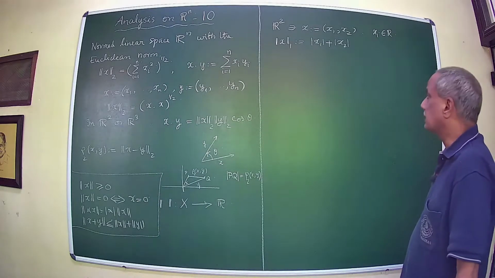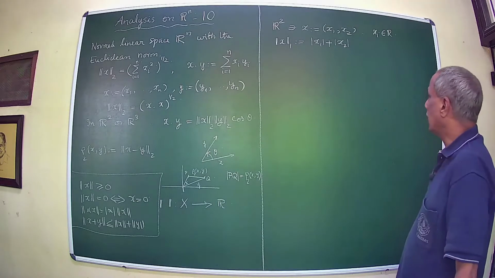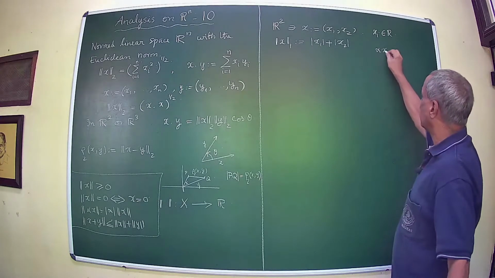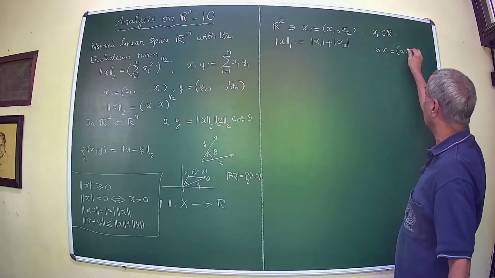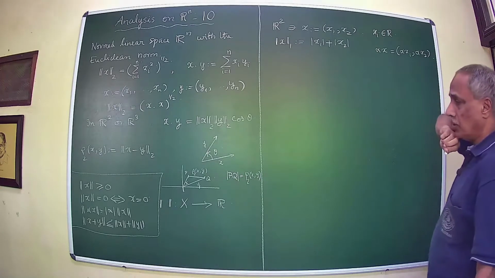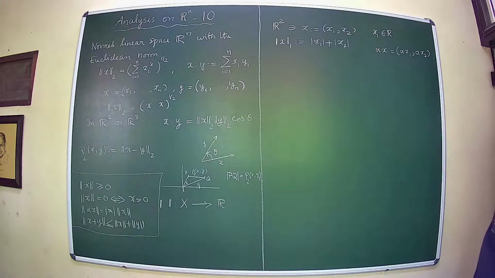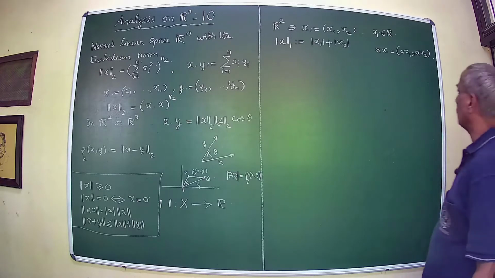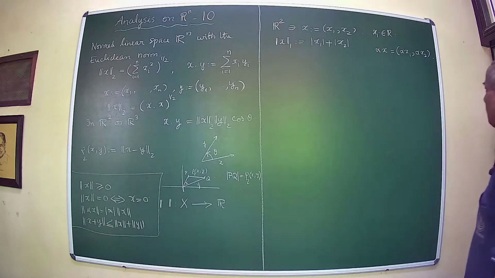The second one is norm of alpha x. What is alpha x? Alpha x is equal to alpha x1, alpha x2. So norm 1 of alpha x is equal to modulus of alpha x1 plus modulus of alpha x2, or in other words, modulus of alpha into modulus of x1 plus modulus of alpha into modulus of x2.